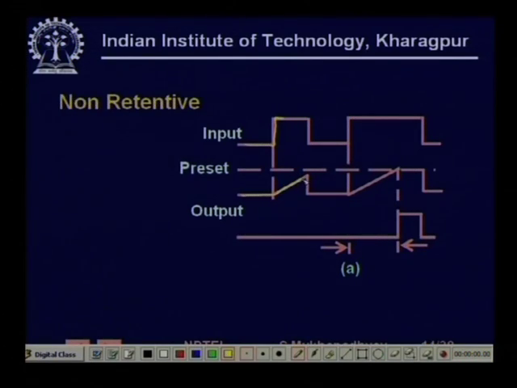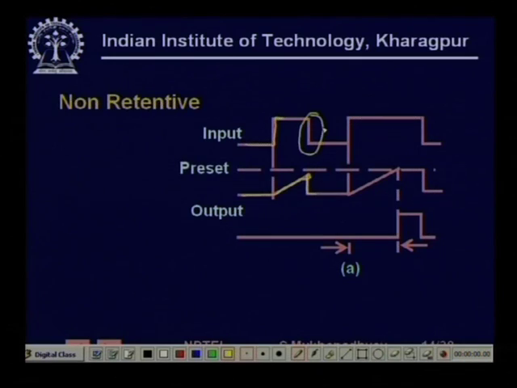After some time the input comes down. Now, the question is, at this point it has timed up to a certain amount, it has not reached its preset value, but the input has come down.